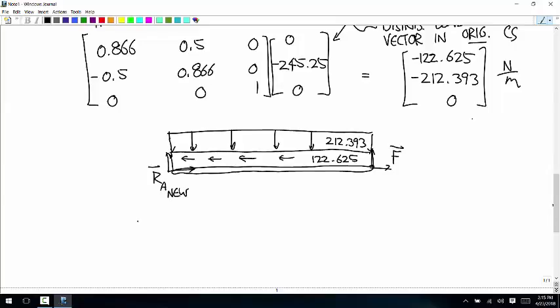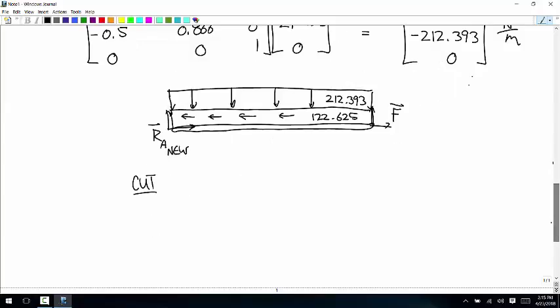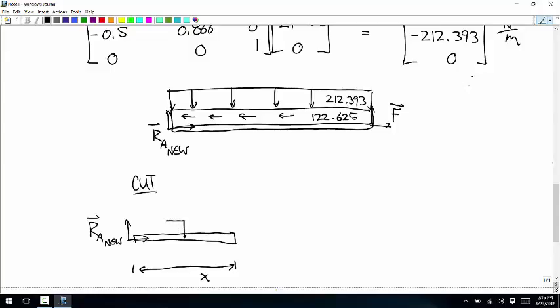And so when we do a cut, we're going to have a piece that has a length of x. We have this force vector over here that's RA new. And then that uniform distributed load, the horizontal one, now that we've chosen our body to isolate, we can represent that as a point force.